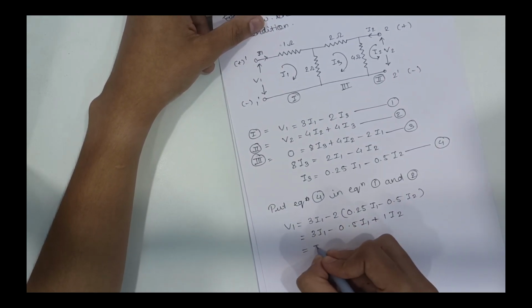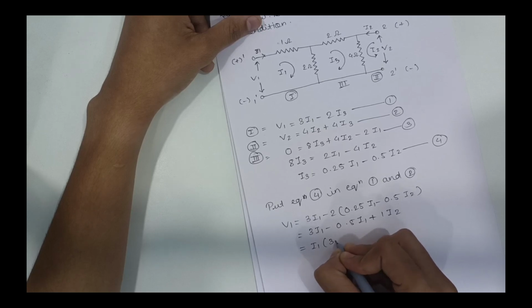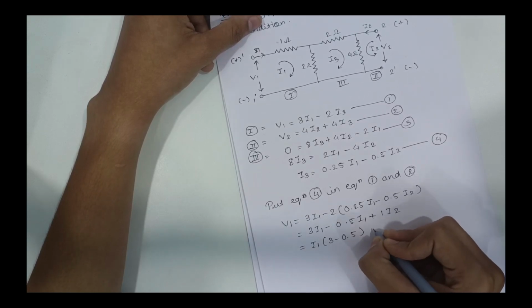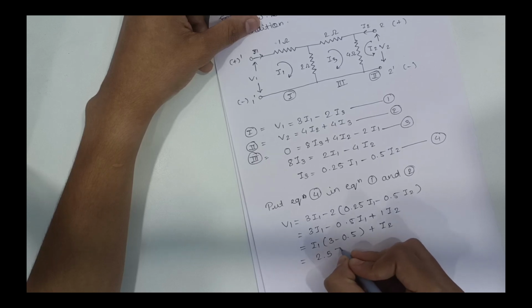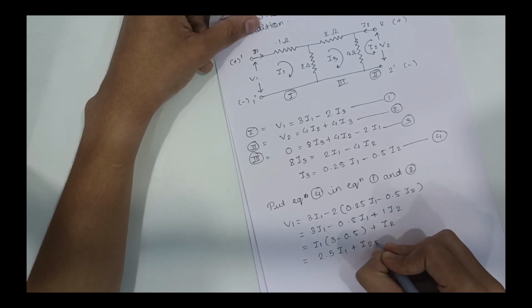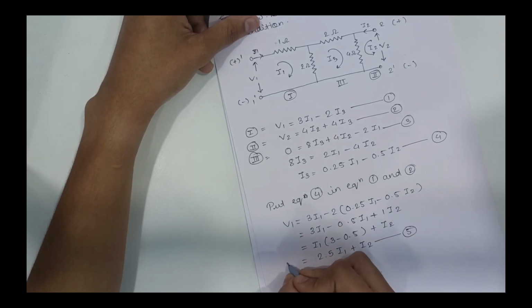So V1 is equal to (3 minus 0.5) I1 plus I2, so it will be 2.5 I1 plus I2. This will be our fifth equation.